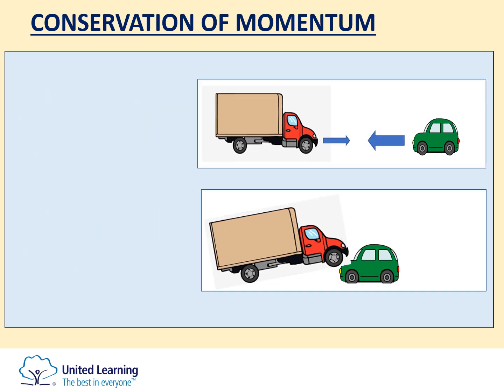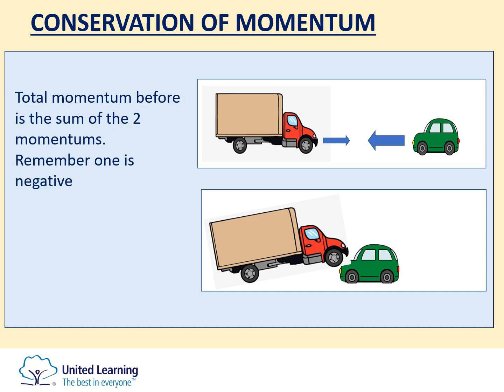The other situation is where you have two objects that are moving towards each other. So in this case, we've got a big lorry moving at a slower speed to the right and a smaller car moving at a larger speed to the left. So if you work out the momentums of the two objects and then add them together, remembering that one of them is going to be negative, it's entirely up to you which direction you pick as being the negative direction.